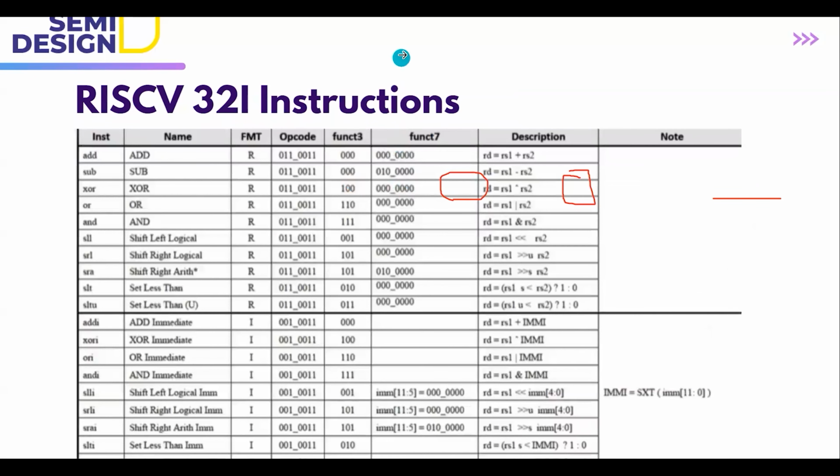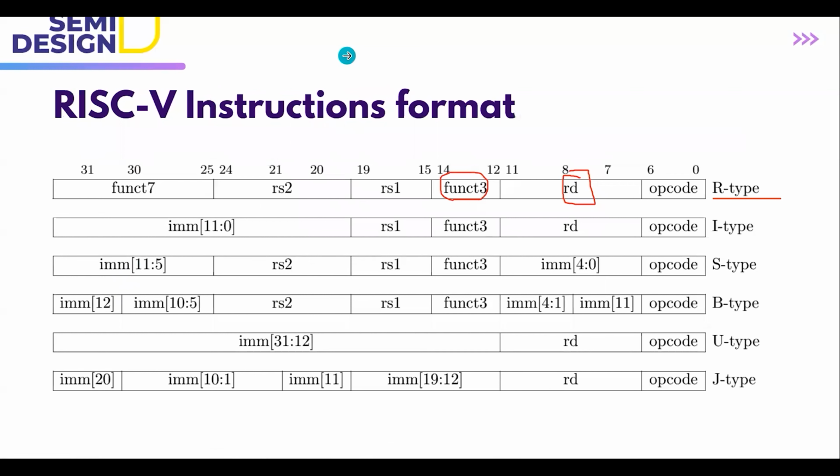What is the value of funct7? It is 0100000. So funct3 will be 000 and funct7 will be 0100000. Whatever the value of source 1, like register 3 or 4, based upon that the number will be converted into binary, and the destination.